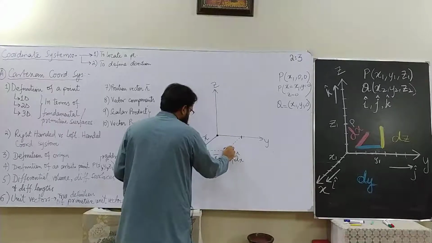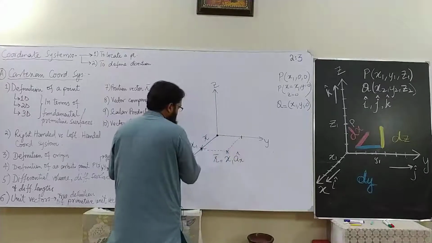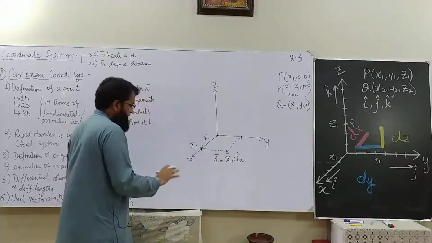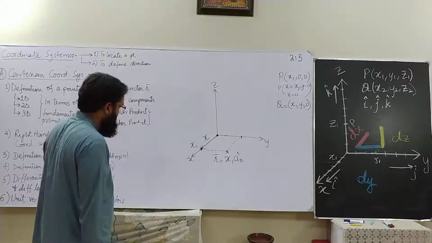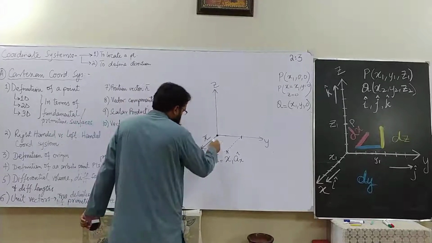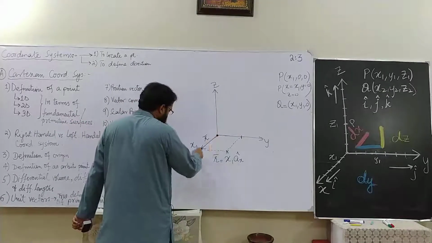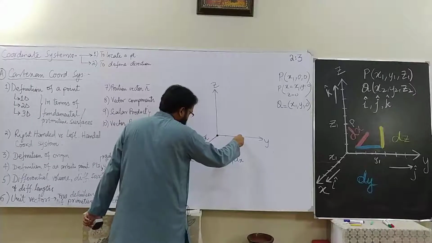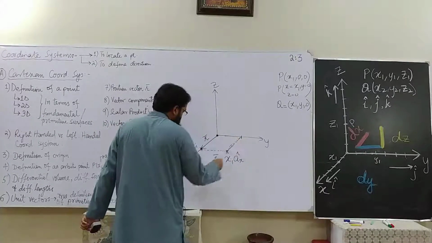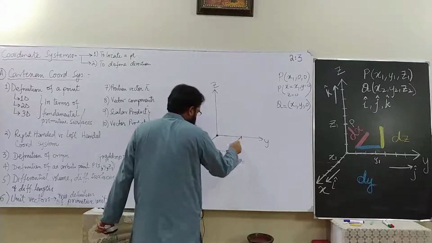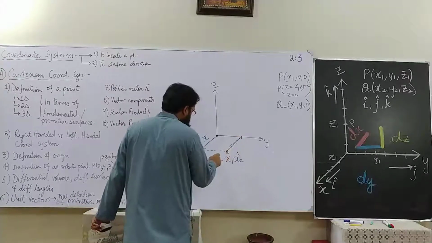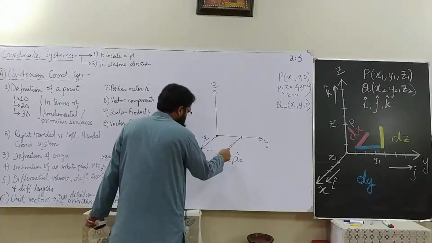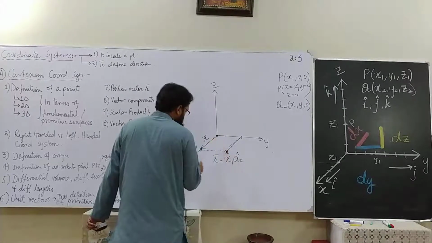Remember that this is a 3-dimensional thing which we are trying to draw in 2 dimensions, so you have to make your drawings and imagination clear. Any line along the x-axis should be parallel to the x-axis. So why are we dropping these perpendiculars? Just to know the relative position of this point with respect to the origin.